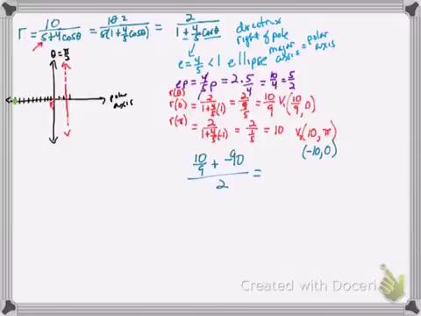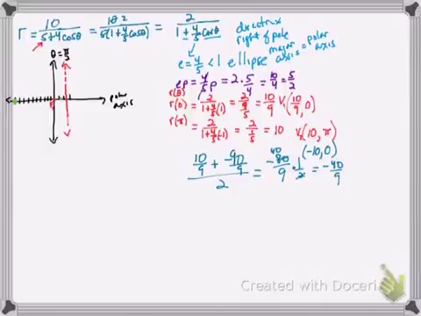Okay, so this is like 90/9, so negative 80/9, and then instead of dividing by 2, we'll multiply by a half. So 2 goes into 80, 40 times, so we get negative 40/9.